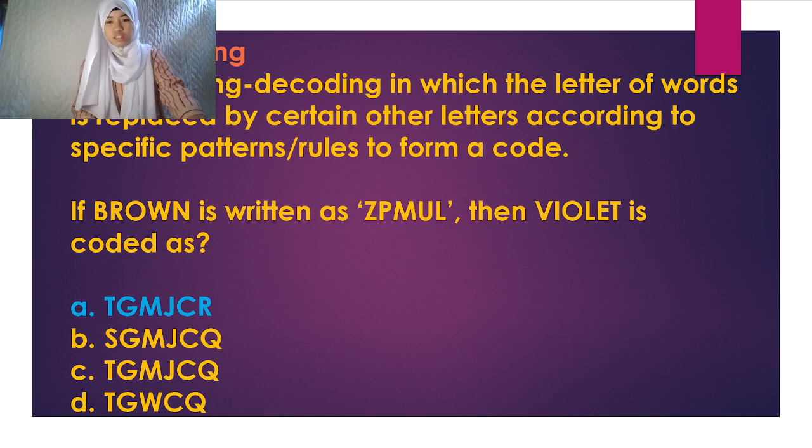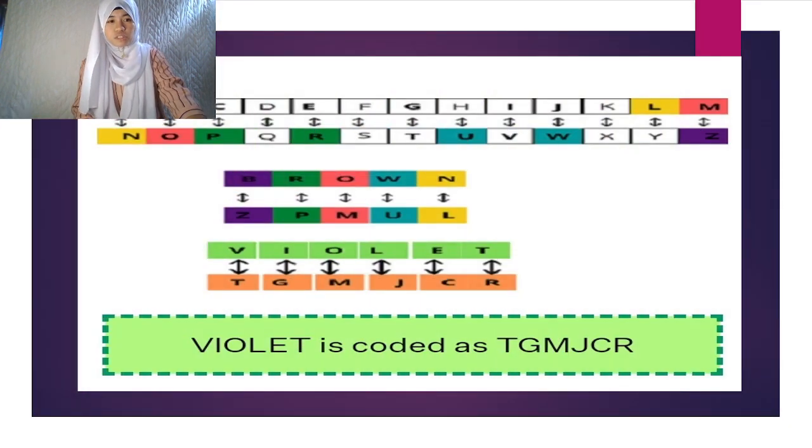Next, we have the pictures. As you can see, in this question the alphabet is replaced with another alphabet with some direction. The first letter B is coded as Z, meaning it moves backward by one letter.